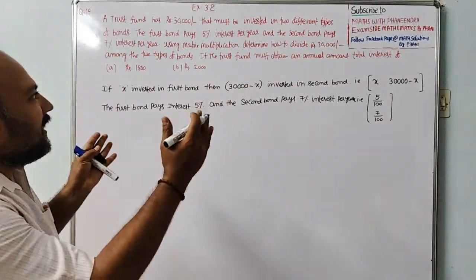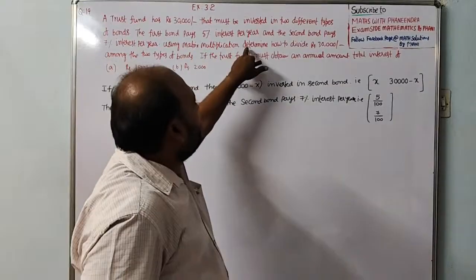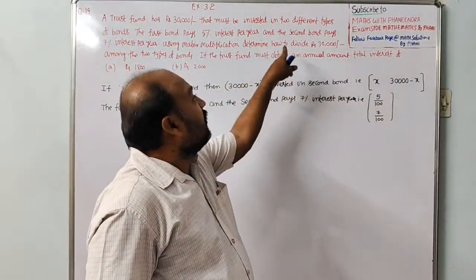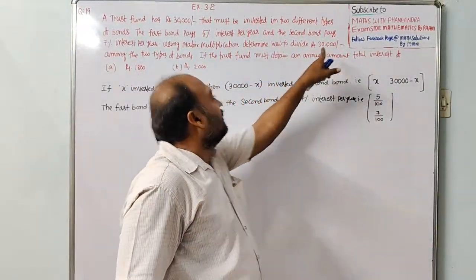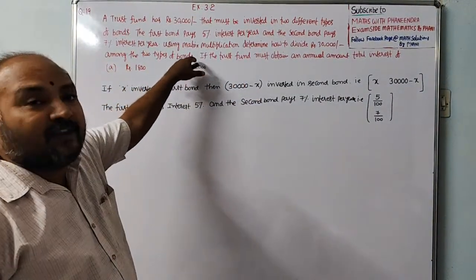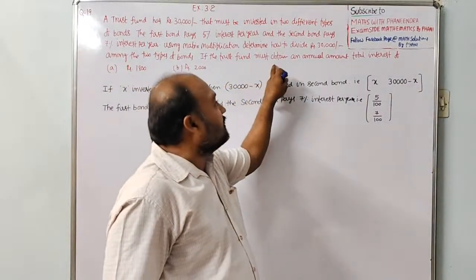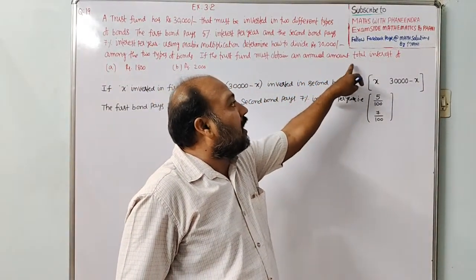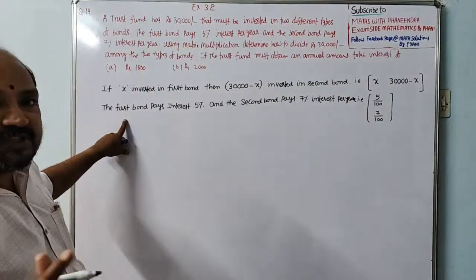If you multiply these two using matrix multiplication, determine how to divide 30,000 rupees among the two types of bonds if the trust fund must obtain an annual total interest. In this, two questions are there.